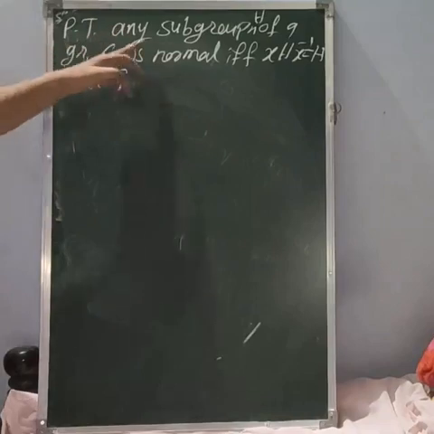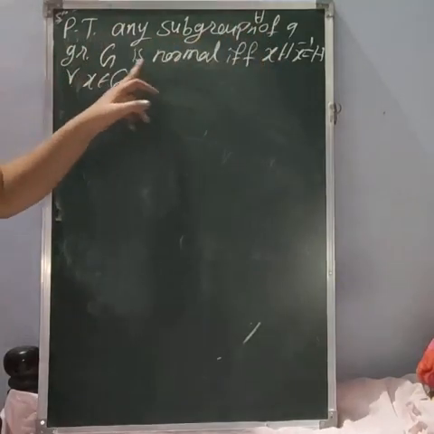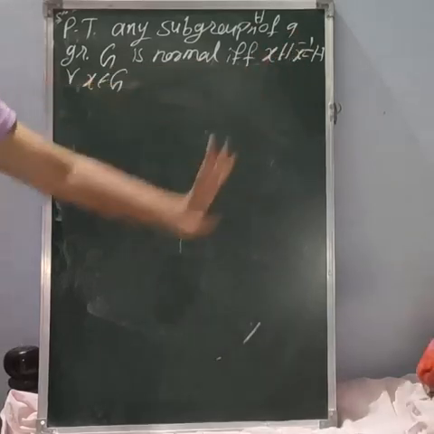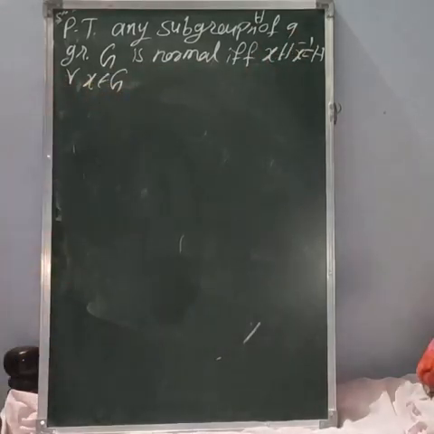Prove that any subgroup H of a group G is normal if and only if X H X inverse is equal to H, and this is for all X belongs to G.